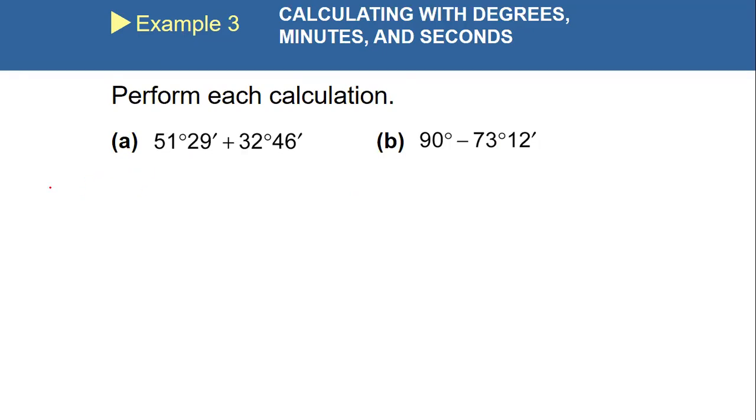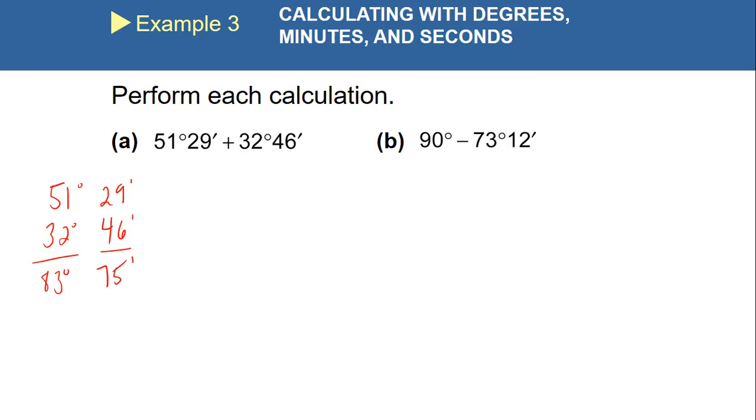So I'm just going to rewrite it as 51, 29, and then we have 32 and 46. I'm adding my degrees and I'm adding my minutes. Does that make sense? When I add together, we have 83 degrees and we have 75 minutes.